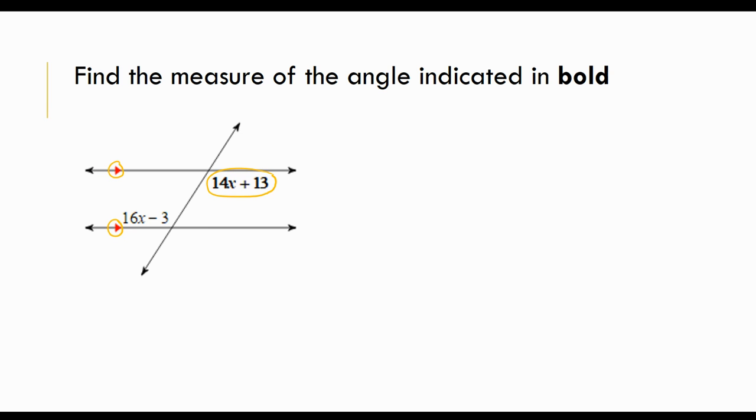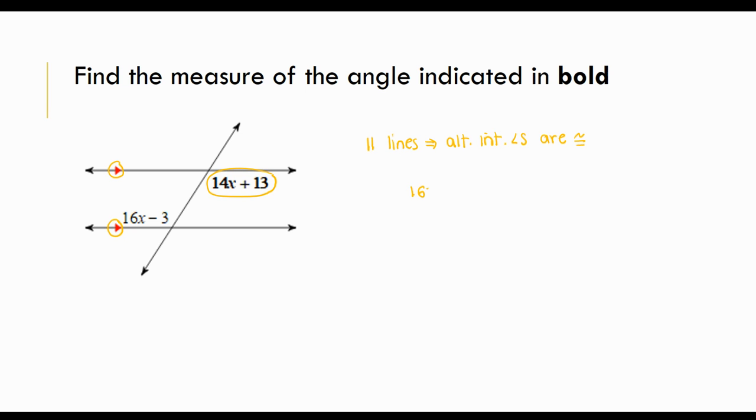Looking at these two expressions, I see that they are inside of the parallel lines, so they're interior. I see that they are on opposite sides of the transversal. So don't forget, when we have parallel lines and I'm dealing with alternate interior angles, I know based off of my theorem that those are congruent angles.